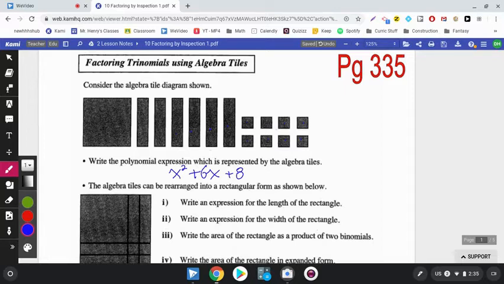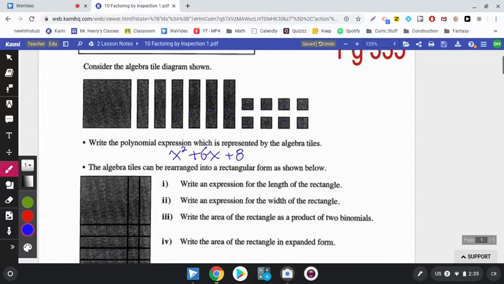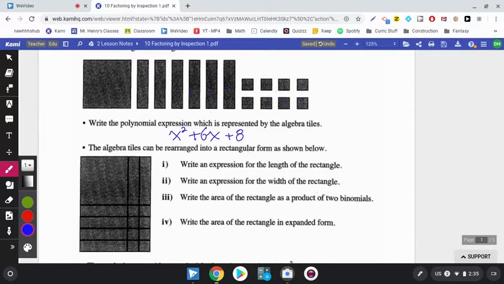How can I write this as something times something where I get an answer of x squared plus 6x plus 8? What we're going to do is go back to those area models and say, if this is my answer, what would I have been multiplying to get that product in the middle?